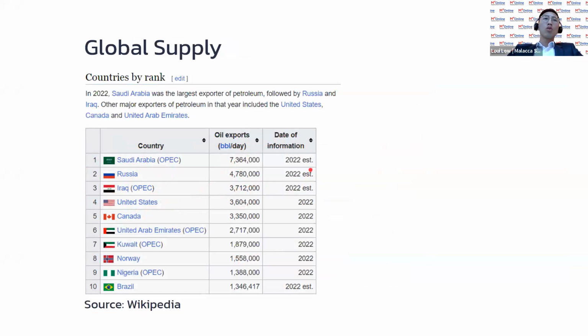On the Saudi Arabia and OPEC situation: Saudi Arabia is the largest country exporting oil. Will it impact oil prices if they announce that they want to cut 2 million or 3 million production?